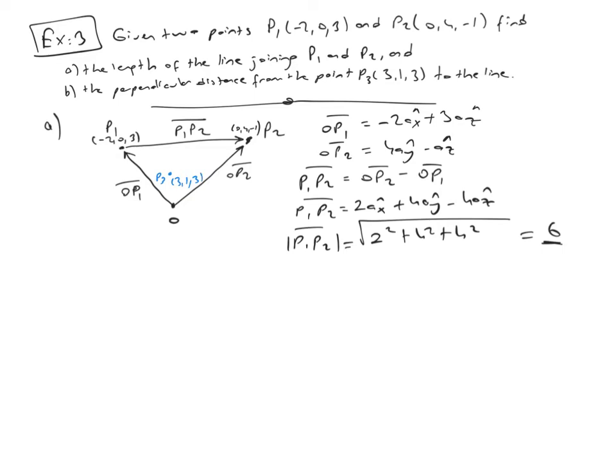And this is the perpendicular distance that we asked for, and let's say this point is K and this is the vector P3K. So we are asked to find the magnitude of the vector P3K.